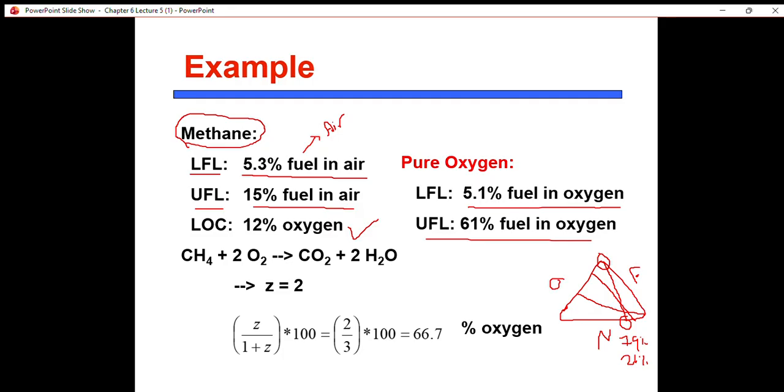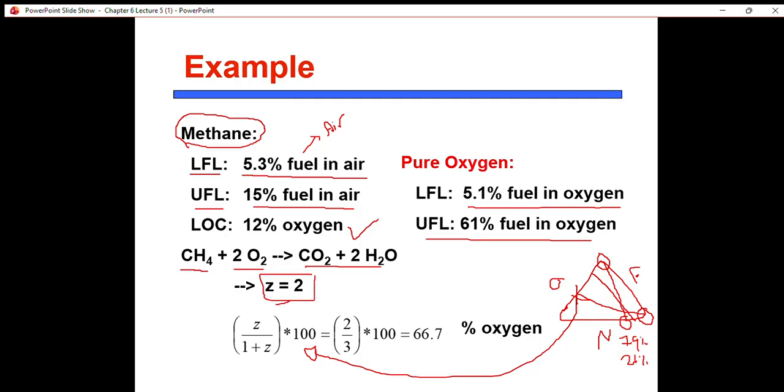The stoichiometric line, we said, goes from the point where I have 100% nitrogen to a point on the oxygen concentration axis. In order to determine this point, I'm going to use this formula, which is Z divided by 1 plus Z, multiplied by 100%. For methane, when I oxidize it, I get CO2 and H2O, so Z is equal to 2.